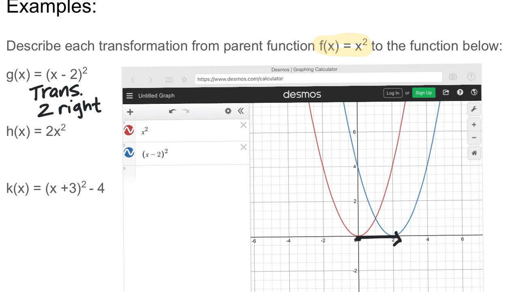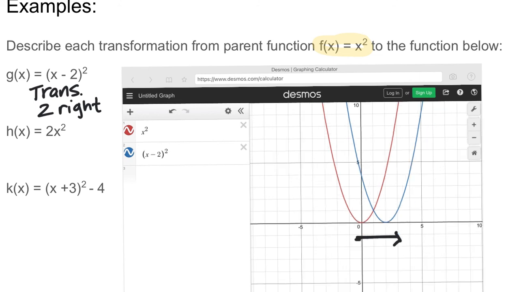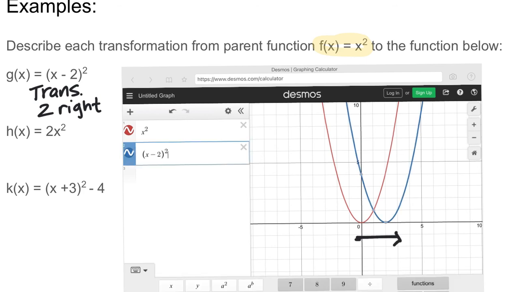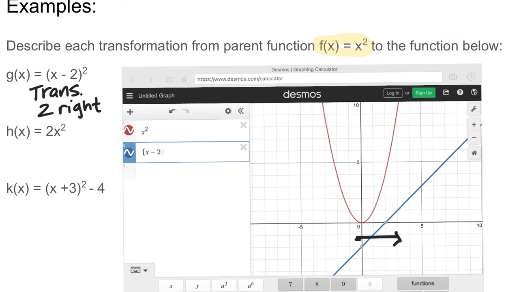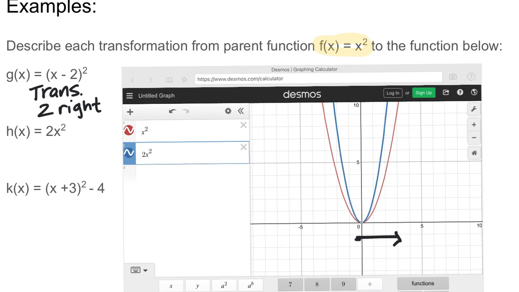Now let's look at the next one. So I'm still keeping x squared as my parent function, and now I'm comparing 2x squared to that. Now notice the red one and the blue one now. So remember, we're looking at how did the blue change from the red. Now the vertex is still located in the same place, so it didn't slide left, right, up, and down.